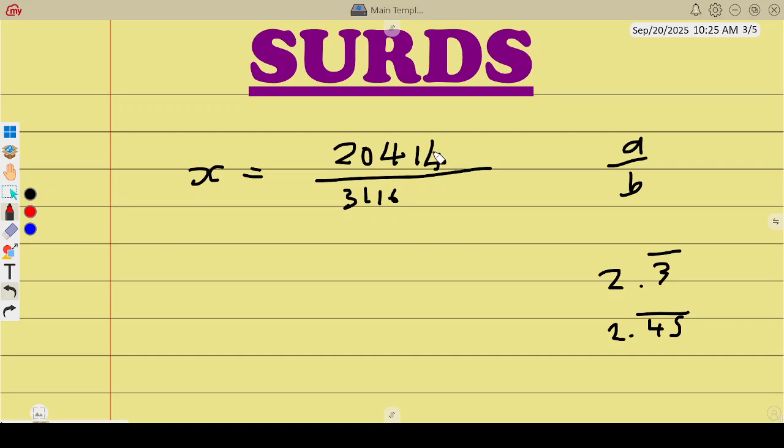Mathematically, you have to simplify. I gave you a hint that you can know if you can divide by 2 by looking at the last digit. If the last digit is even, then you can divide by 2. This number ends with 4, meaning if you divide by 2, you are not going to have a remainder. Even here, you are not going to have a remainder because it ends with a 6. As long as the number ends with 0, 2, 4, 6 or 8, just know that 2 can go into it.